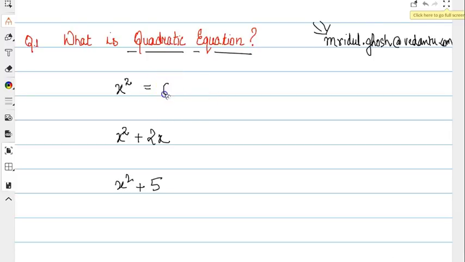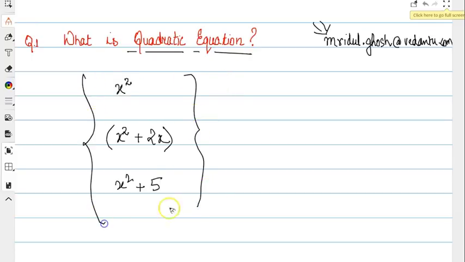So generally what we do is, suppose we have an expression and we equate it to 0. Now we will understand slowly why we equate to 0. So that is the second part. First of all, let us understand what is quadratic. So these are quadratic expressions, right? Not equations yet. Some conditions will come when we equate this.